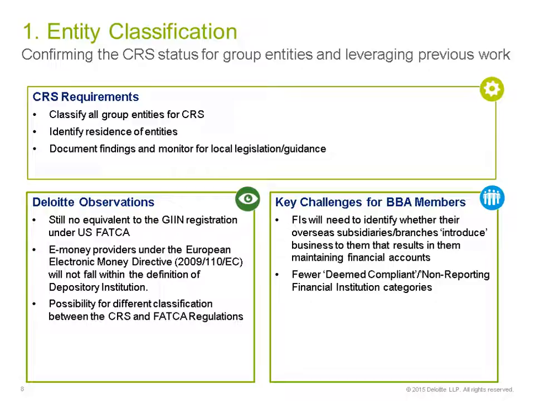From a registration perspective, under FATCA, financial institutions were required to register for a GIIN number with the IRS website. There is no longer that requirement for CRS, and there is indeed no registration requirement. What financial institutions will be required to do is use, for example, their UTR reference number when they're reporting to HMRC.